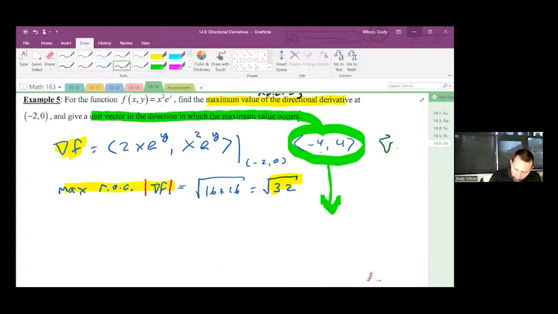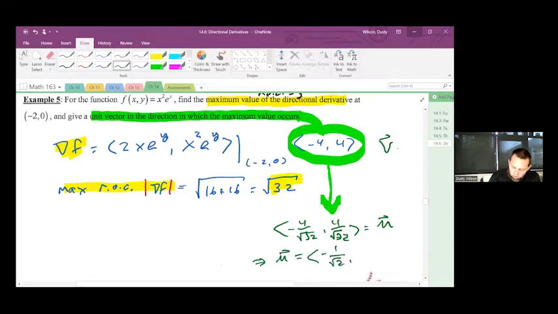So that tells us that u will be -4 over square root 32, comma 4 over square root 32, which simplifies to u equal to -1 over root 2, comma 1 over root 2, or the familiar root 2 over 2's from trig, if that helps.